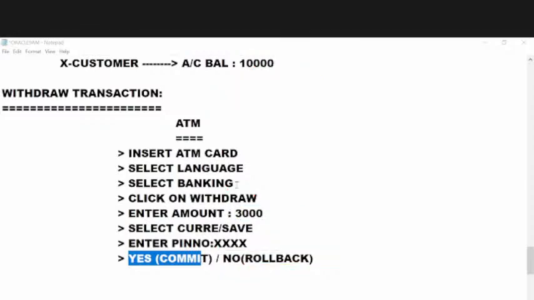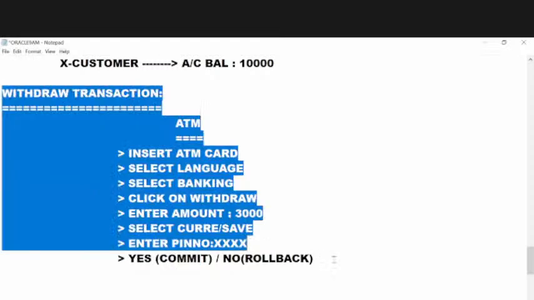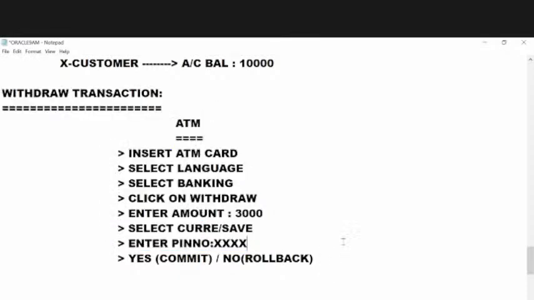Okay, right. But tell me now, this customer is done. How many transactions did he do? Come on. ATM. How many transactions did the customer do? 1, 8.